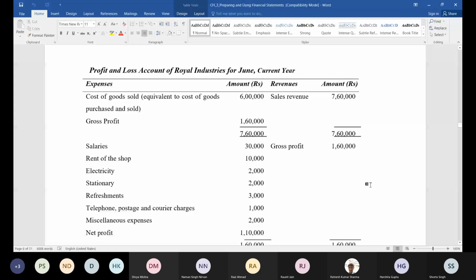We have shown all of this. This is 50,000 worth of expenses. And now we have the net balancing figure, which is called net profit of 1,10,000 rupees. This is the money which goes finally to the P&L. So this is just a very simplified way of making a profit and loss account.